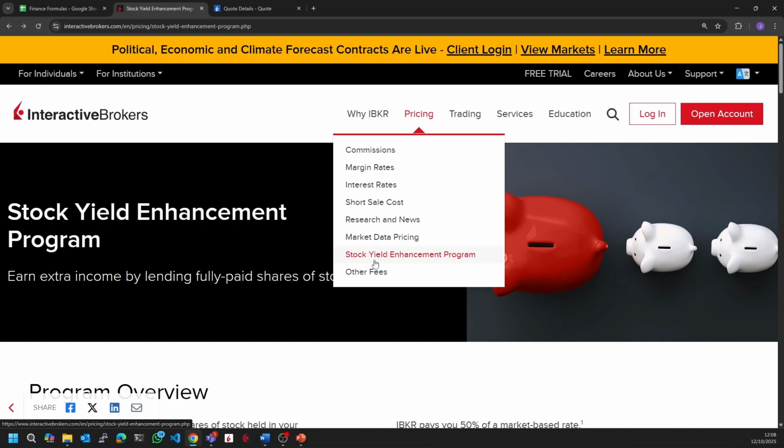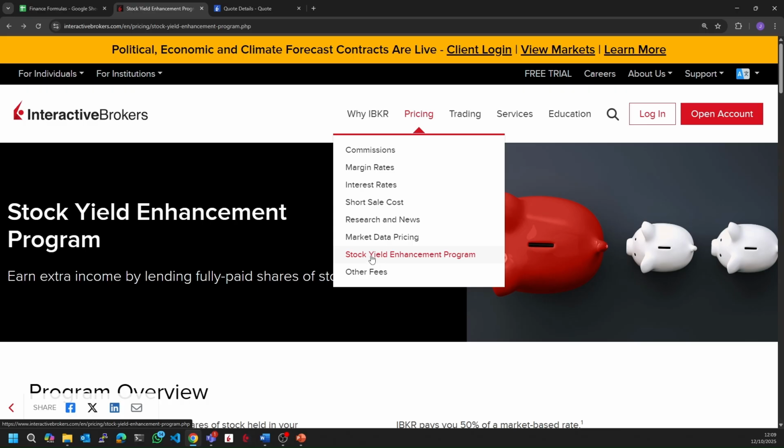It's a program whereby Interactive Brokers is acting as an agent between short sellers and stockholders. As per law, you cannot short sell a stock that you don't hold. So short sellers can borrow these stocks from someone who holds them, and Interactive Brokers is acting as an agent, charging a commission from short sellers and passing on a portion of this commission to stockholders.